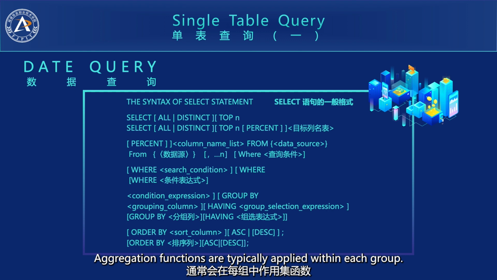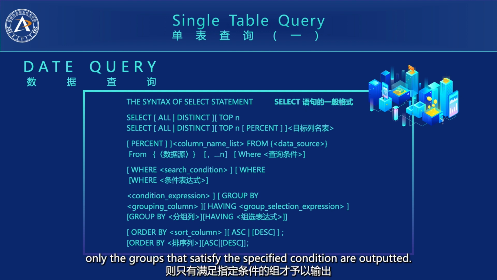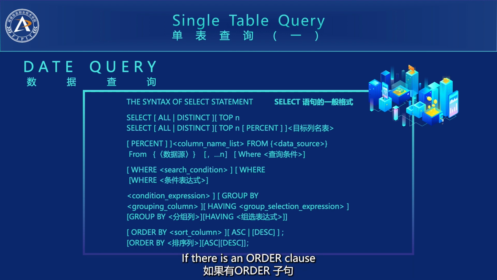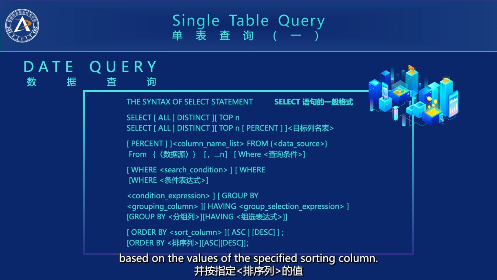Aggregation functions are typically applied within each group. If the group clause is accompanied by a having phrase, only the groups that satisfy the specified condition are outputted. If there is an order clause, the results are also sorted in ascending or descending order based on the values of the specified sorting column.